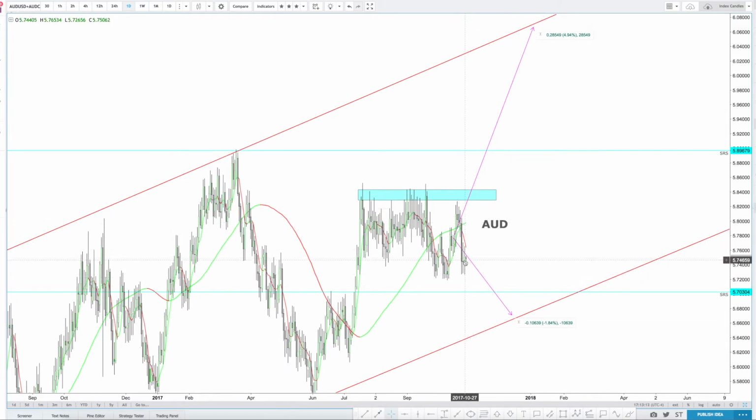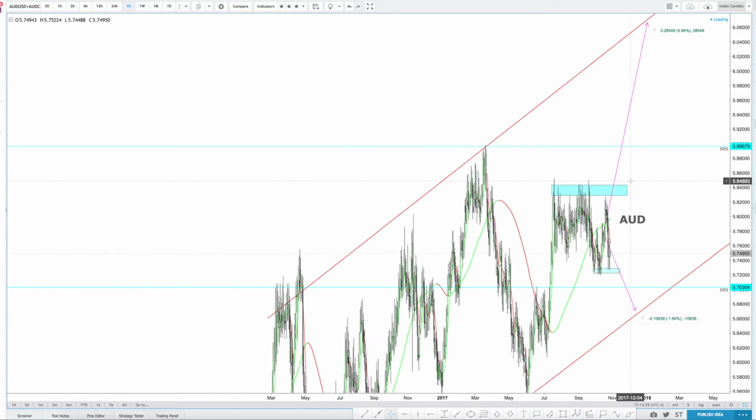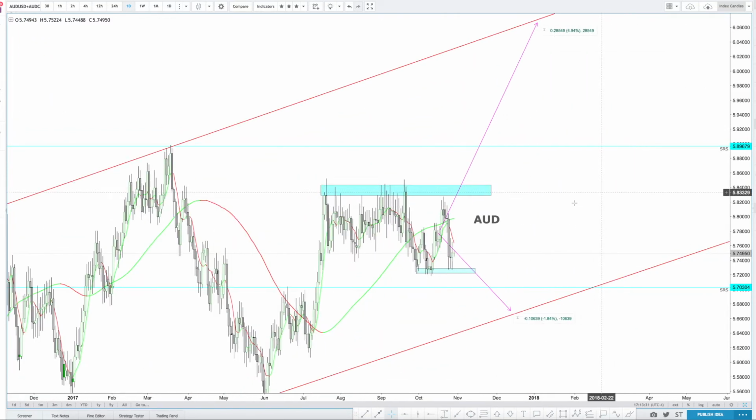If we do decide to break lower, we'll be looking for longs off of the trend channel. But if we break out of this resistance, we'll be looking for longs going possibly into this trend channel high. So overall, I'm not that interested in Australian dollar this week, so I'm not going to write anything down.